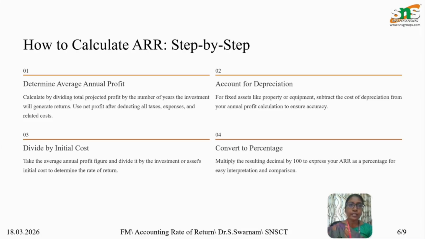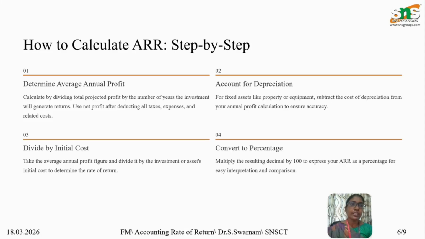When calculating the accounting rate of return, we use EAT, earnings after tax. That means from earnings before interest and tax, we deduct the interest and the tax, and finally we determine the EAT. The total EAT divided by the number of years is called the average annual profit.